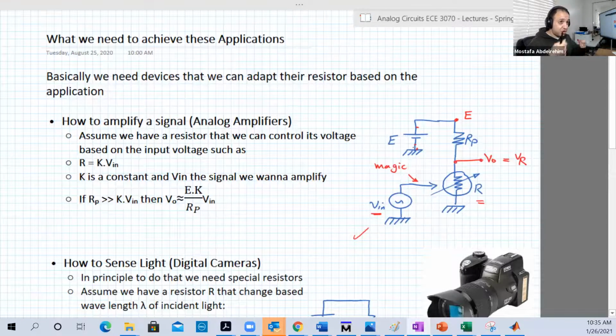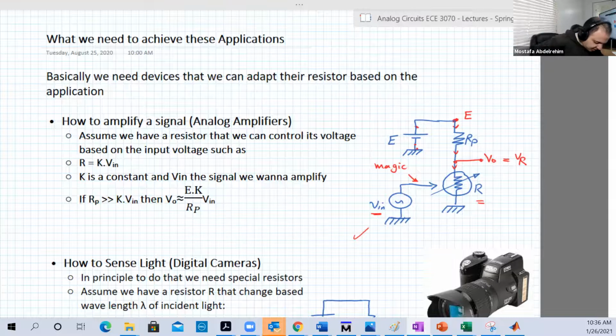The negative terminal is 0, so the positive terminal should be larger than 0 by E. So the voltage here is E at that point. And those are in series. Again, R can be controlled by V input, which is the voltage that we want to amplify.